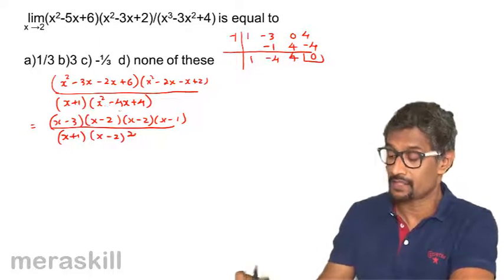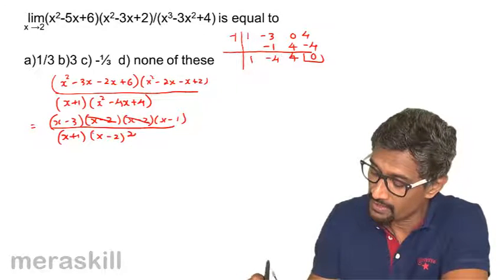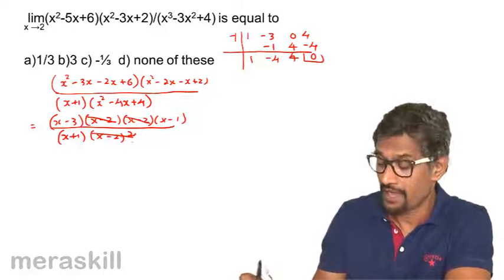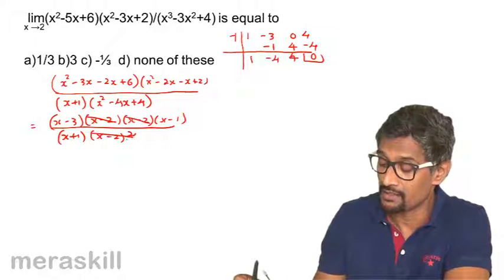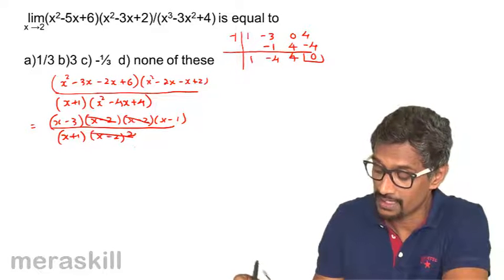This is nothing but x minus 2 the whole square. So this term and this term get cancelled. And hence the indeterminate nature has been nullified, that is x minus 2.